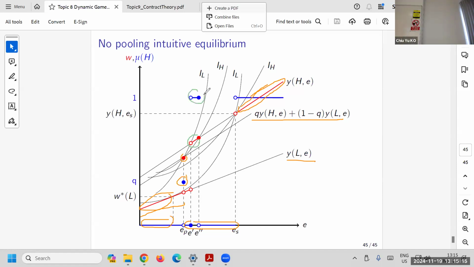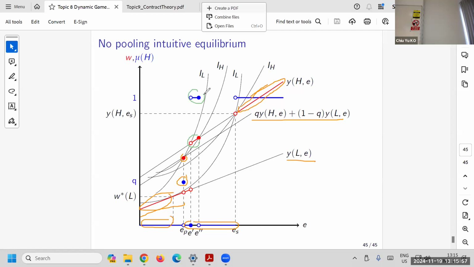Okay. So how do we argue why green is also there? Okay. So why is that the case? Now consider the case you're the low type, right? You're here, right? So if you're the low type, you have no intention to do more than E prime. So suppose you are the low type, you are obtaining your equilibrium payoff, right? Look at the indifference curve.